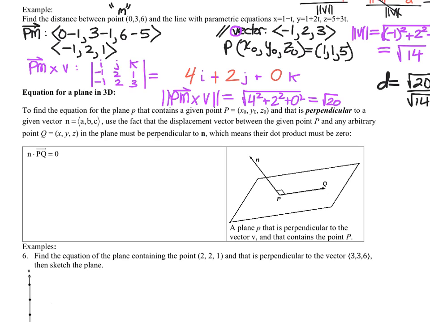All right, so now orthogonality is based on the dot product. So if 2 things are orthogonal to one another, their dot product is equal to 0. So I'm defining a vector that's living in the plane as PQ. So this is a vector that's on the plane.